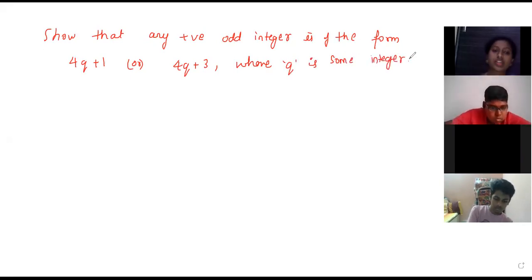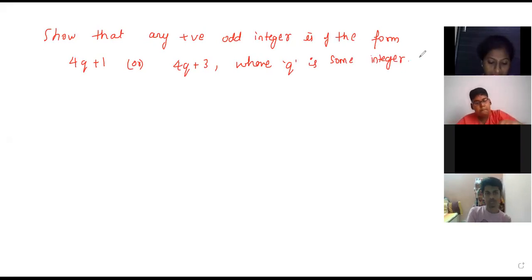Okay, so this is the question. Show that any positive odd integer is of the form 4q plus 1 or 4q plus 3, where q is some positive integer.